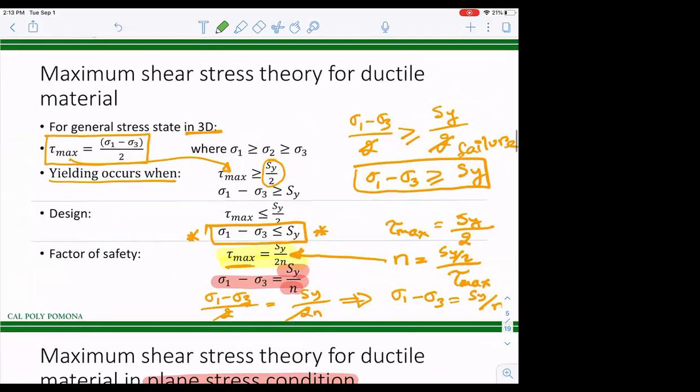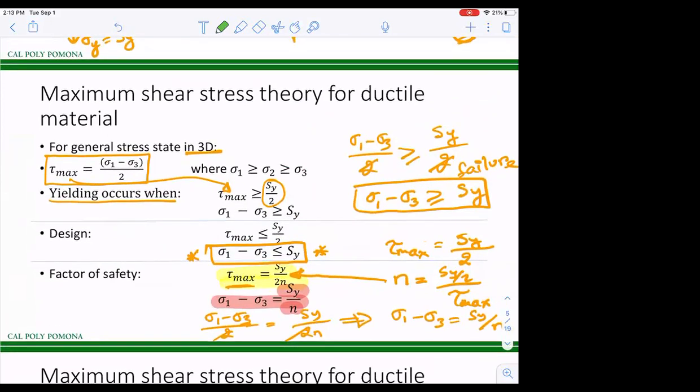Look at this formula. In order to avoid failure, your shear stress has to be less than or equal to half the yield strength, which is 0.5. Instead of writing Sy by 2, I can write 0.5 Sy, right?